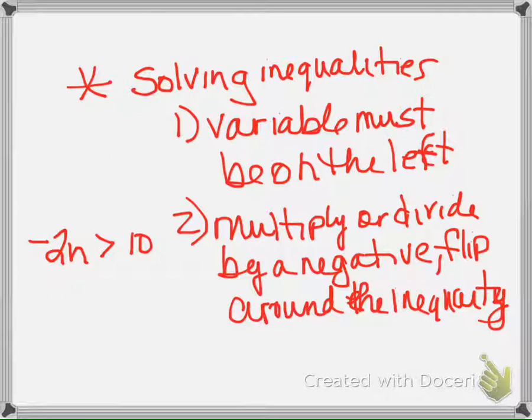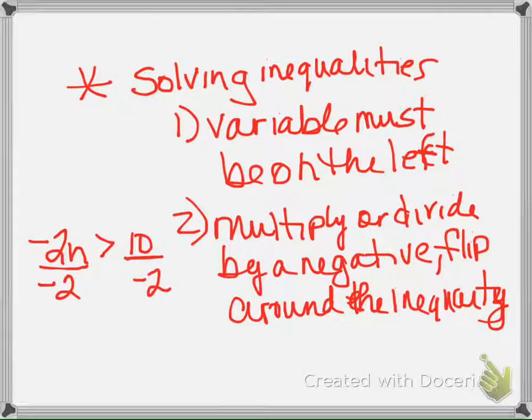How do you undo times? Divide. And we've got to divide by what number? What number's with n? It's not just 2. What number is that? Negative 2. Yes, negative 2. So you've got to divide by negative 2.